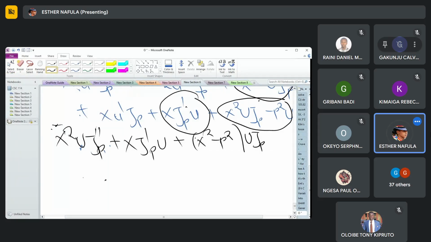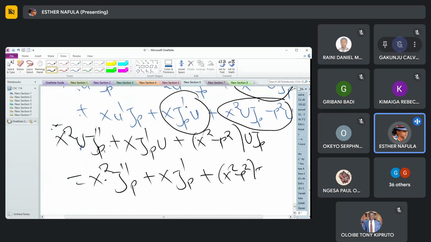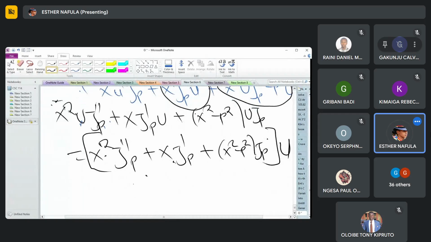U is common. x squared j double prime p plus x j prime p plus x squared minus p squared jp. U is common. We have u outside. If I say that the whole of this quantity is equal to 0, do you guys get it?